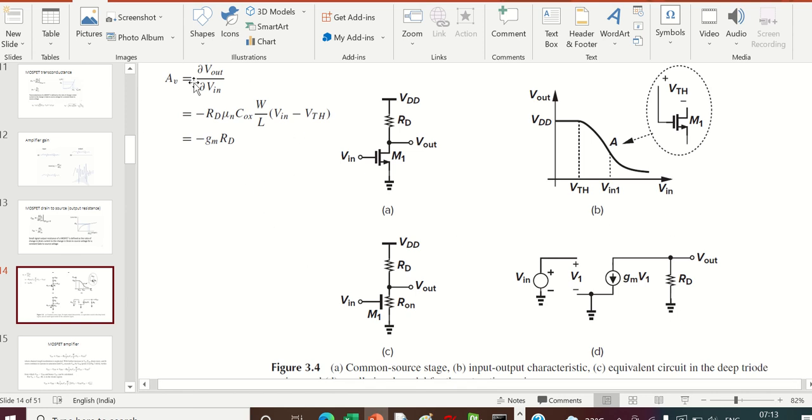If you take this ratio, Vout by Vin, it is nothing but gm into rd.